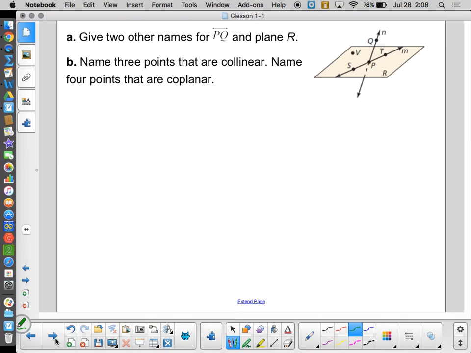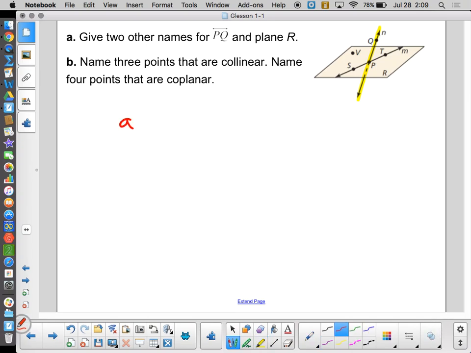So give two other names for line PQ and plane R for part A. So if I look at line PQ, first let's locate that, and this is just good practice. Things you want to be doing when you're doing homework problems. Locate what we're talking about. Line PQ, aha, there it is. I want 2 other names for that.